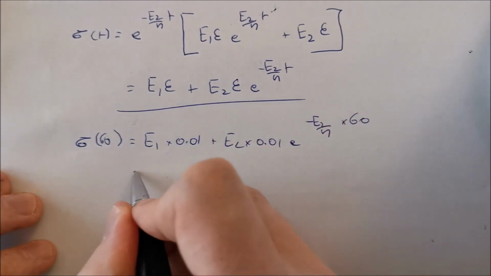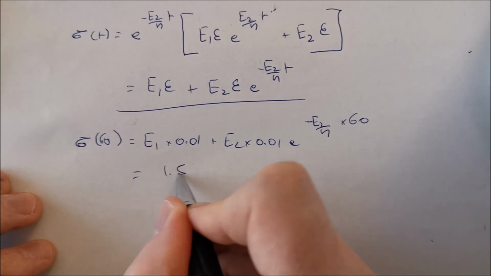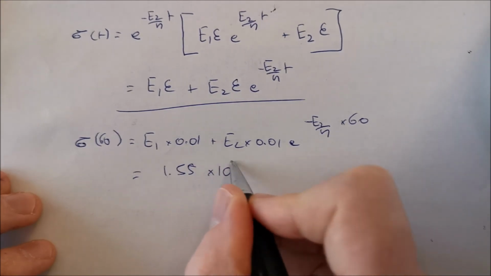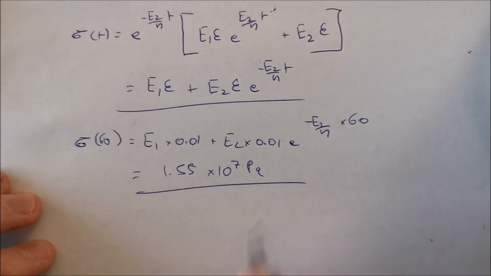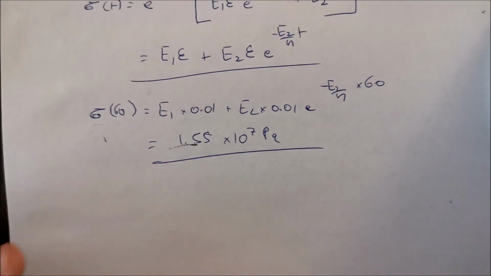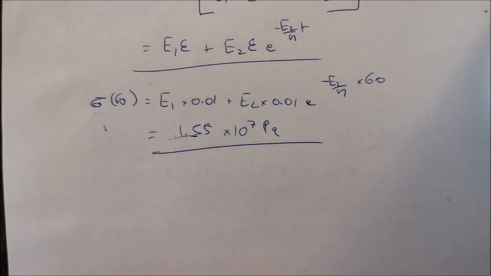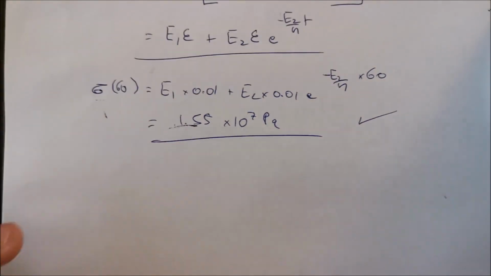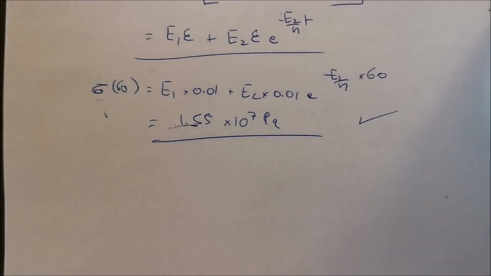So if you plug in all the values, you will end up with 1.55. So this is how we solve this problem. The stress after 60 seconds for this system would be 1.55 times 10 to the power 7 Pascal. So this wraps up tutorial 8.